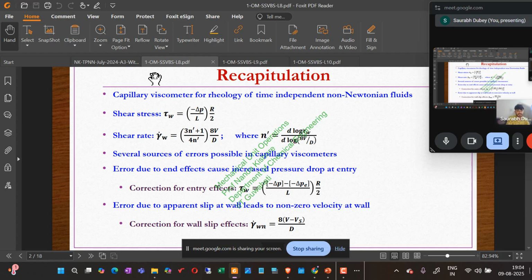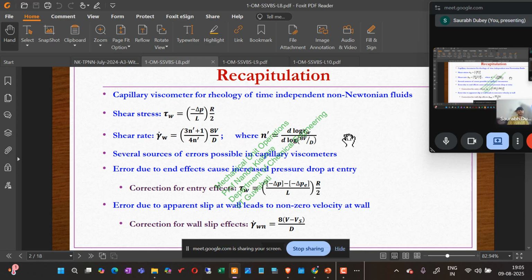So as you know, for the shear stress calculation you got the formula tau_w equals minus delta p by L times R by 2. So from here what you conclude is that the wall shear stress depends on the pressure difference, right?